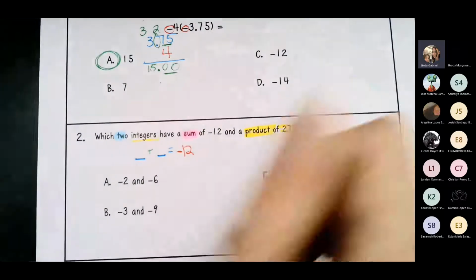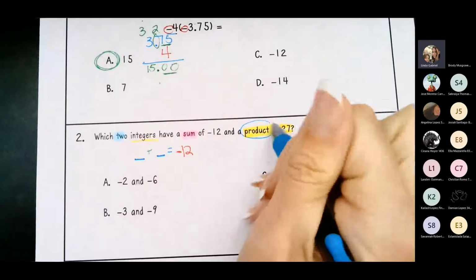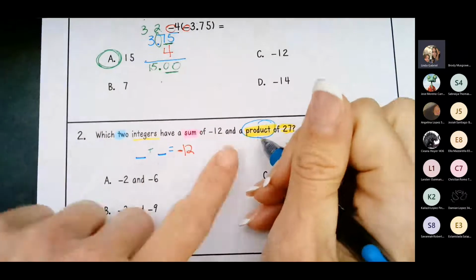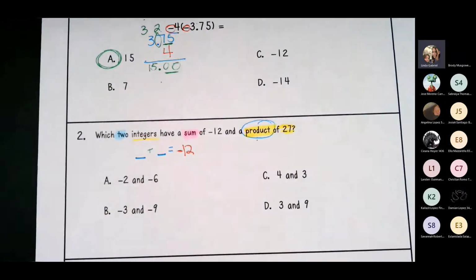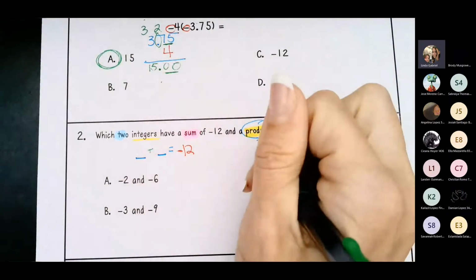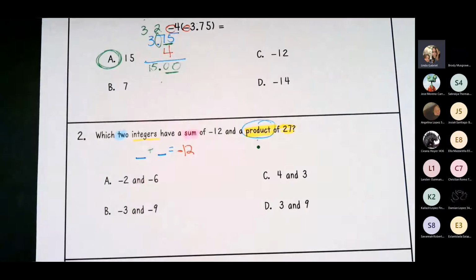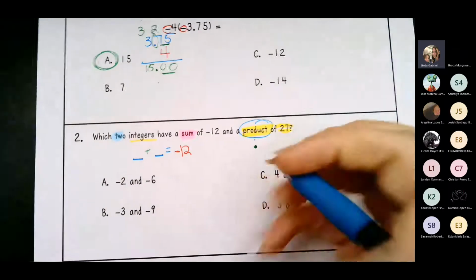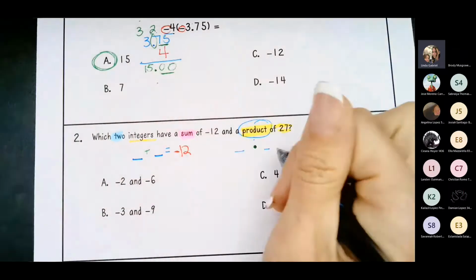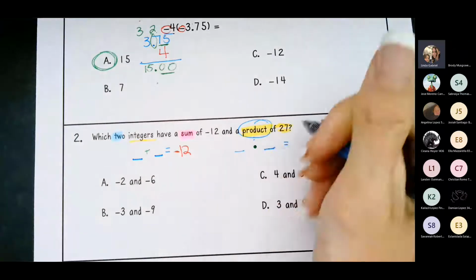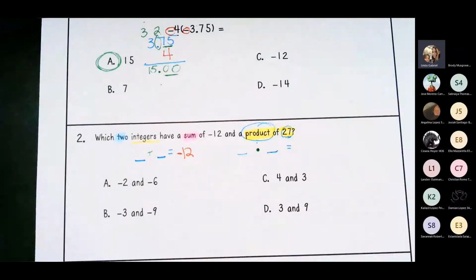So I have another two clues actually, because I have products. That means I know I'm going to be multiplying the two numbers to get 27. If I look here, I see that it's going to be a positive 27.